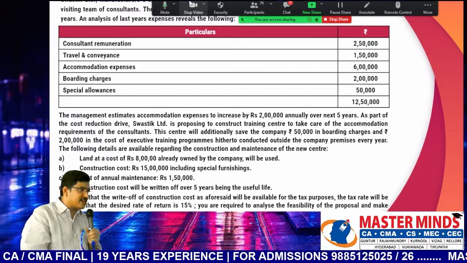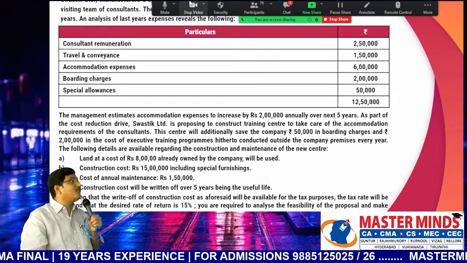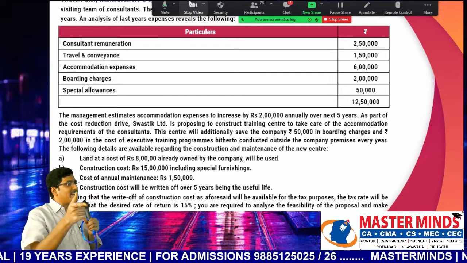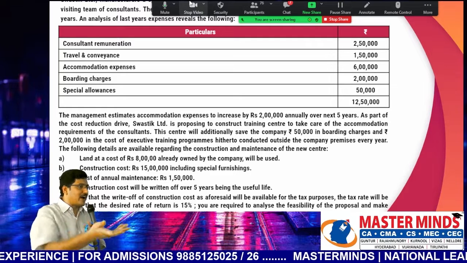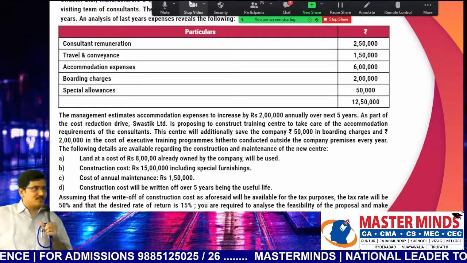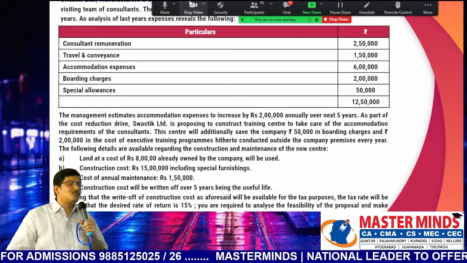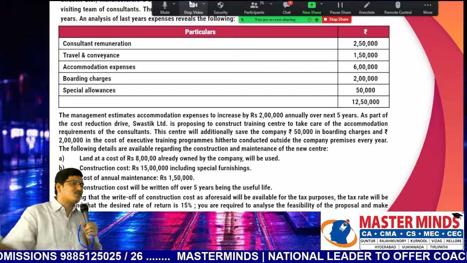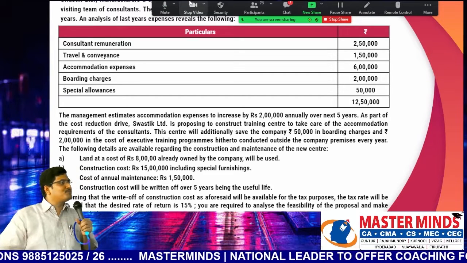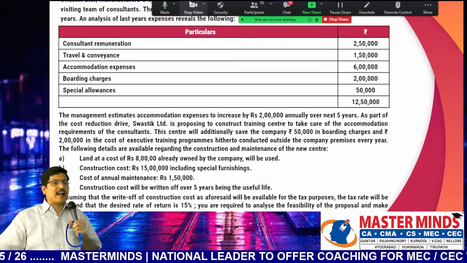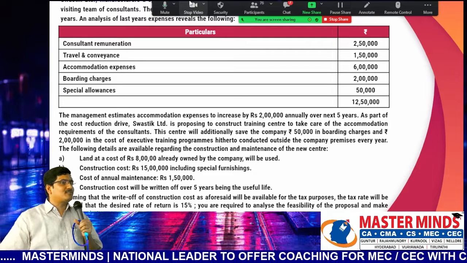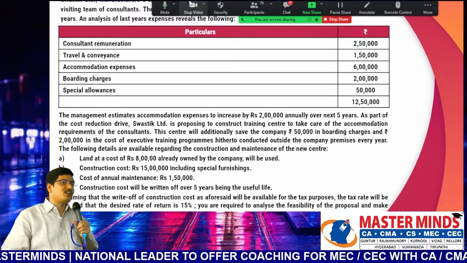Now how much is there in my cash box? 41. So 50 rupees minus 9 rupees, I am left with 41. Now add back depreciation. That's called cash profit. It's so simple to understand. Why did we deduct depreciation? Why do we add back? Simple common sense. We are left with 41 rupees.